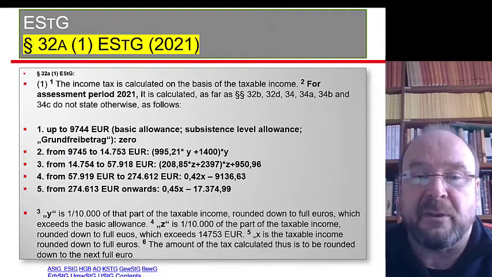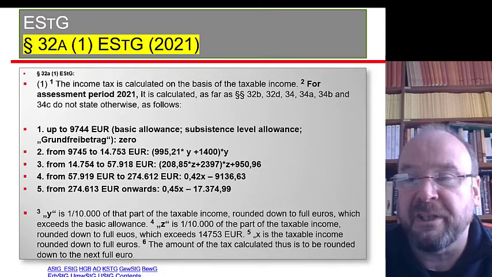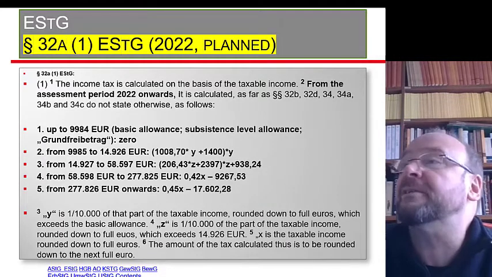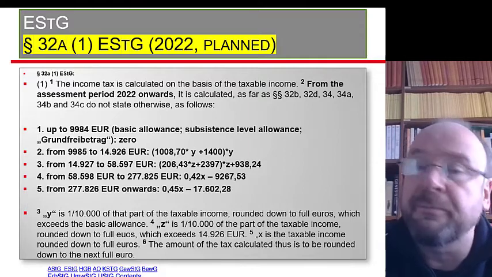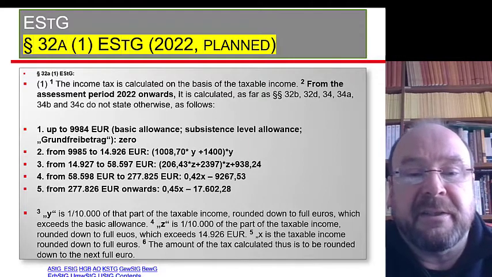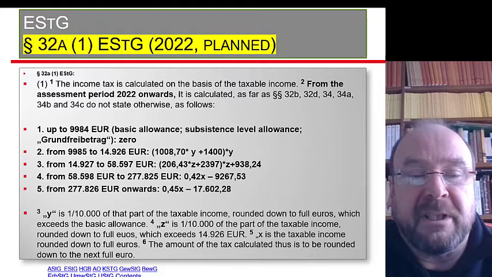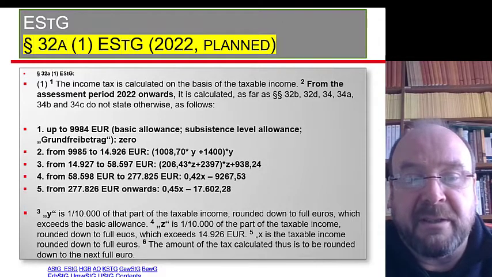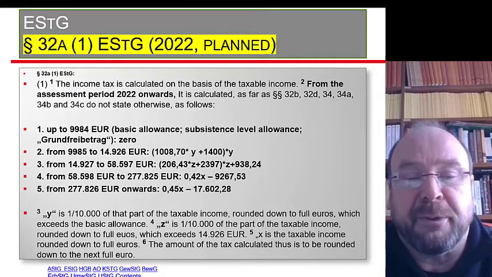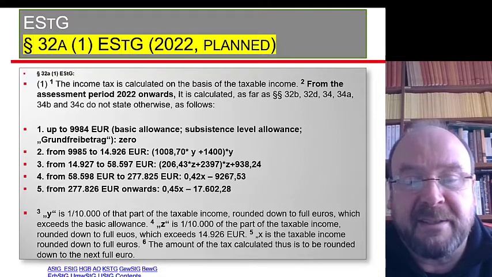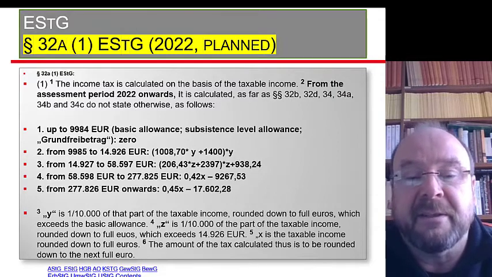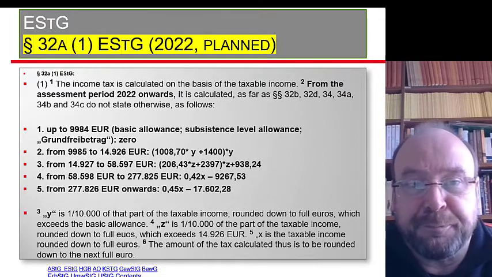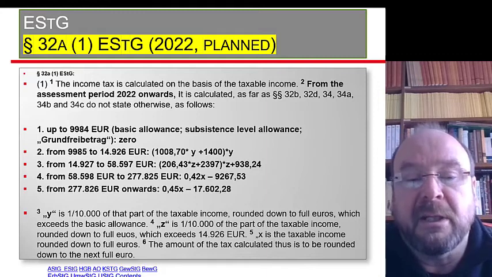Naturally, it's clear that also here the formula will change when we go to a different year. So here is 2022, and here the formula for the bracket, number 3 as it was, has been changed to 106.43 times z plus 2397 times z plus a changed additional factor.